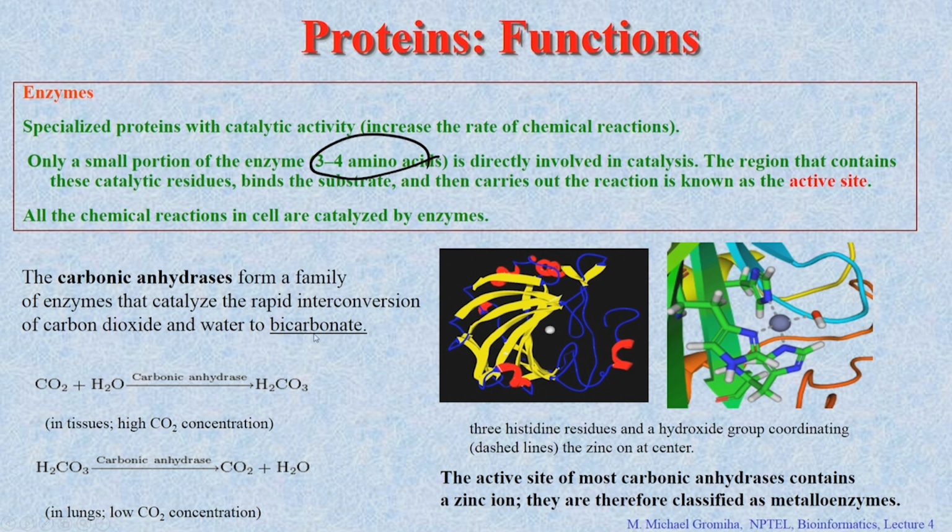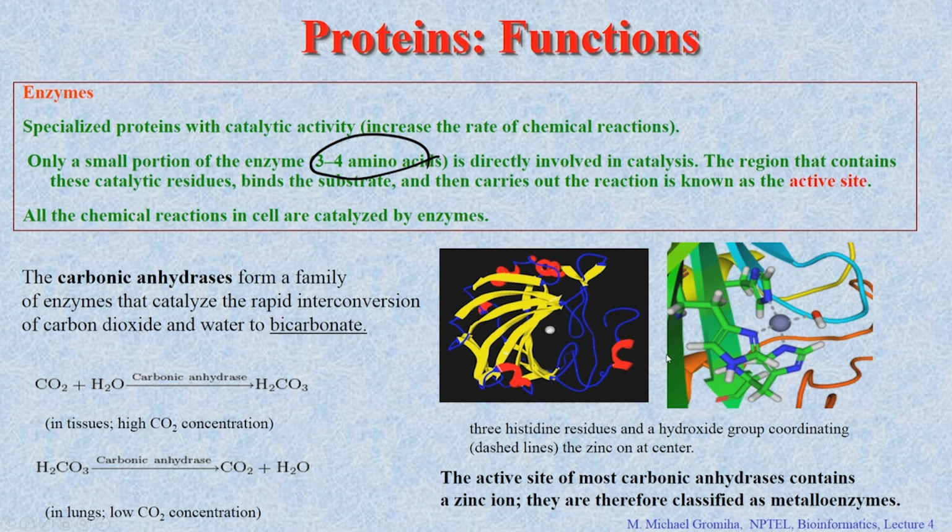One example is carbonic anhydrase, a family of enzymes. These catalyze the interconversion of carbon dioxide and water to bicarbonate. So, we give carbon dioxide plus water and these enzymes convert it into bicarbonate in tissues, at high carbon dioxide concentration. In the lungs, at low carbon dioxide concentration, this bicarbonate is converted back to CO2 plus H2O.